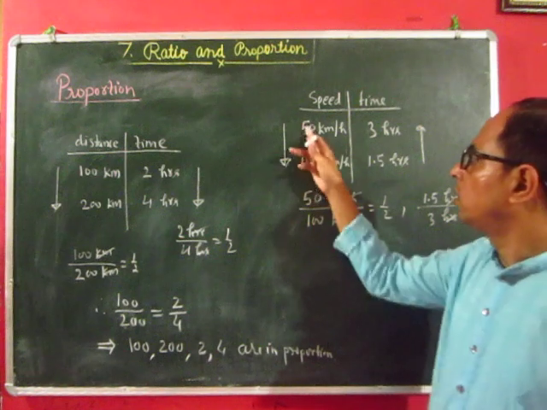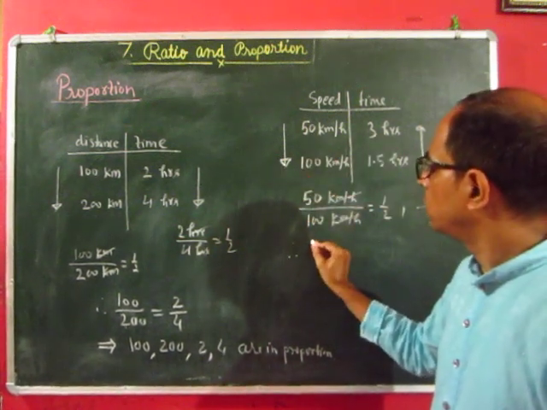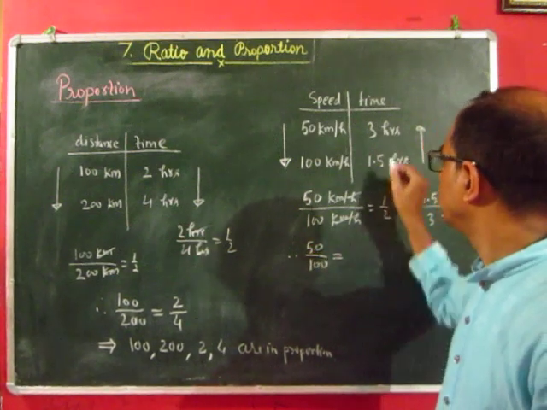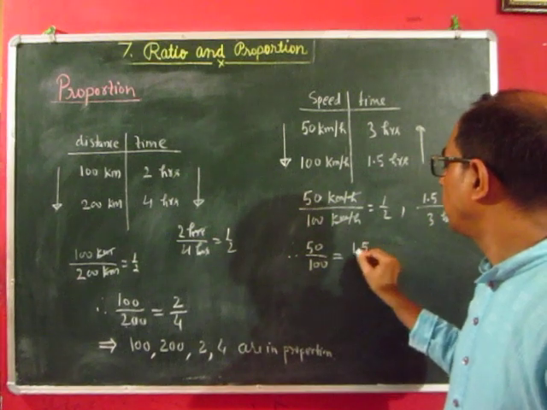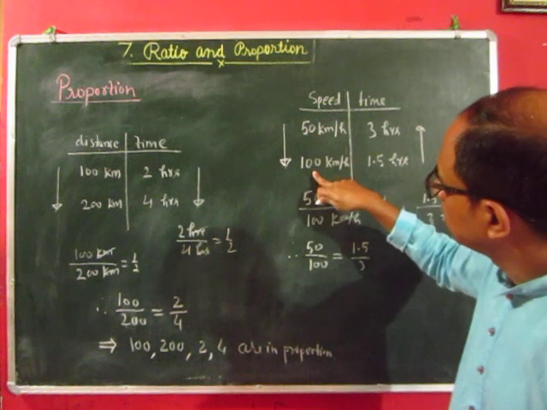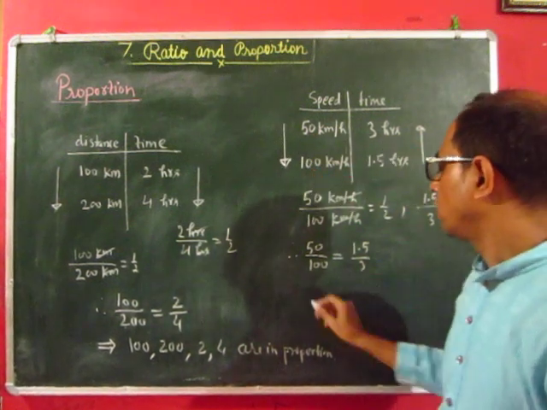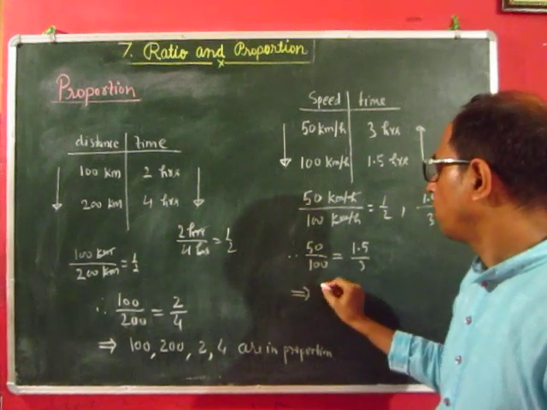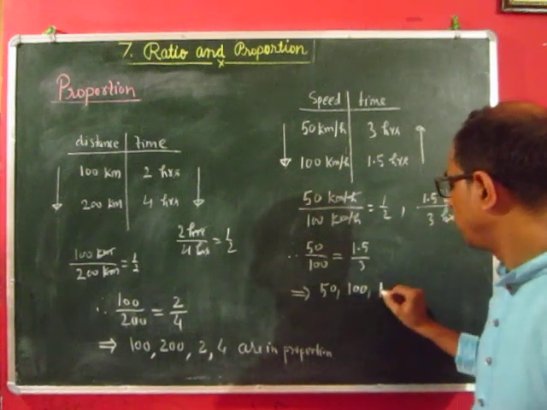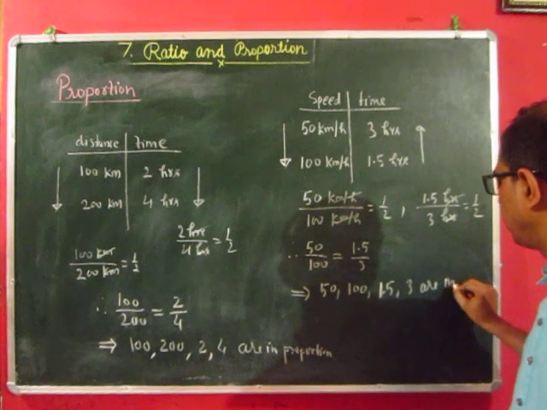So we can say that the ratio of 50 by 100 is equal to the ratio of 1.5 by 3. Clear? So from here we can say 50, 100, 1.5 and 3 are in proportion.